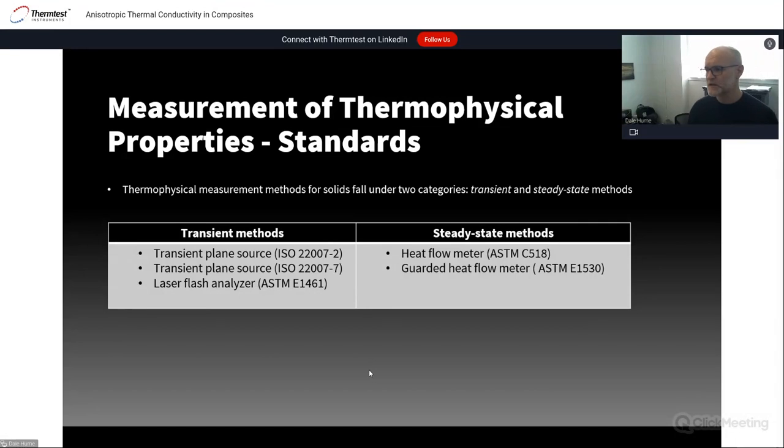The guarded heat flow meter follows the same delta T across the sample, but a guard is used as we minimize the radial sample size in that direction. A guard is used, set to the mean temperature between the two plates to limit the delta radially, so that we get a high confidence one-dimensional gradient across the sample.